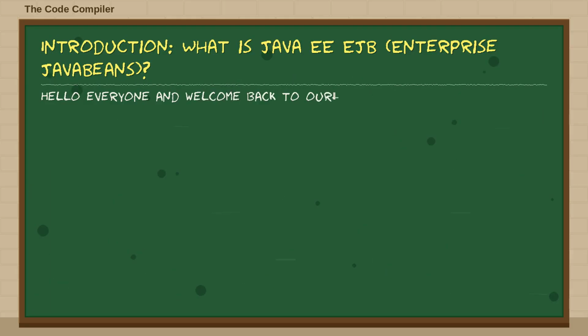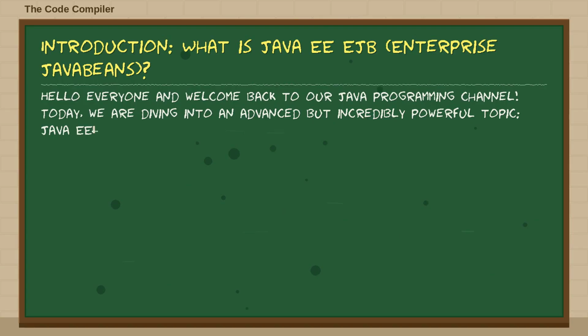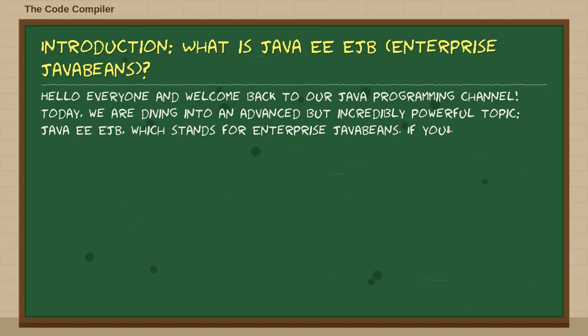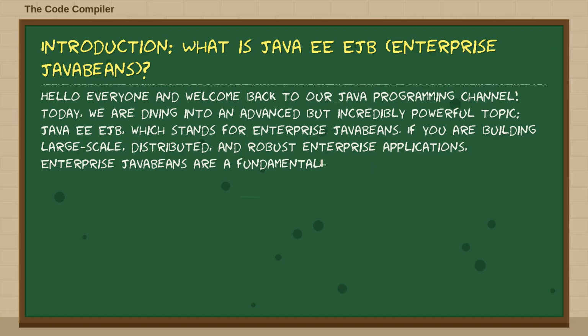Today, we are diving into an advanced but incredibly powerful topic, Java EE EJB, which stands for Enterprise JavaBeans. If you are building large-scale, distributed, and robust enterprise applications, Enterprise JavaBeans are a fundamental component you need to understand.